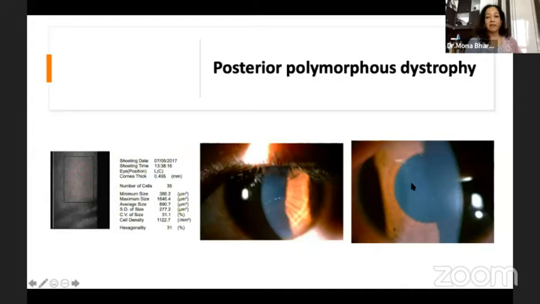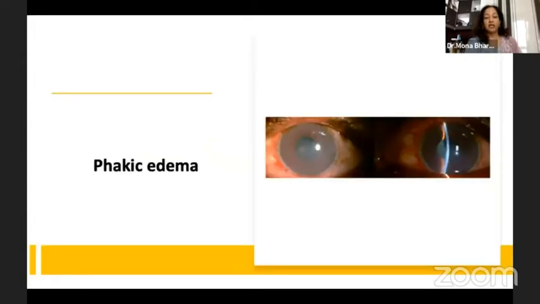A tracks-like pattern on slit lamp evaluation can help us in ruling out posterior polymorphous dystrophy. Any phakic edema should be taken very carefully to rule out either an infectious etiology or even the presence of an atypical variant of Fuchs.